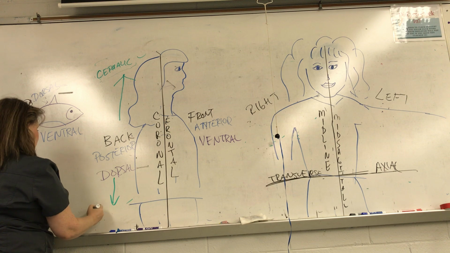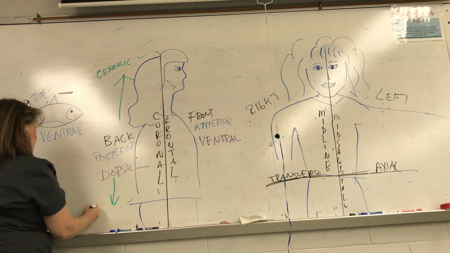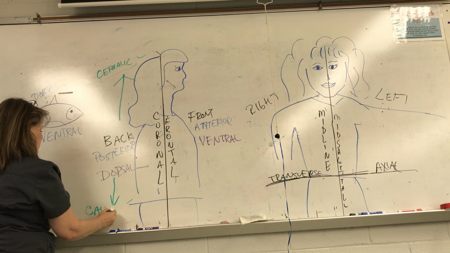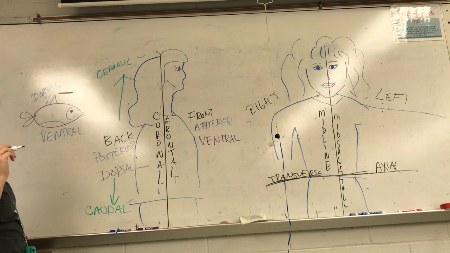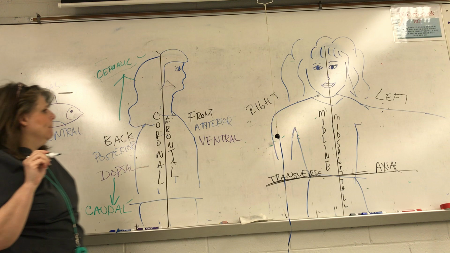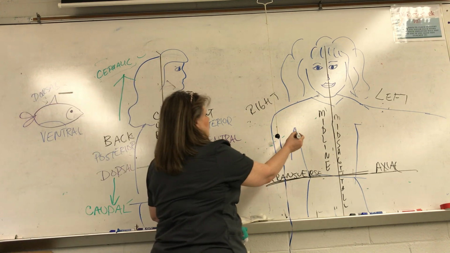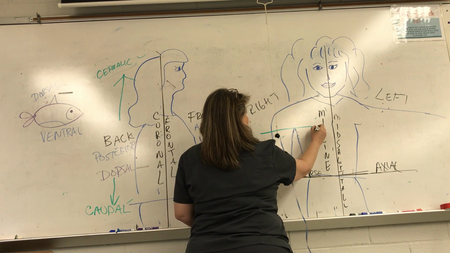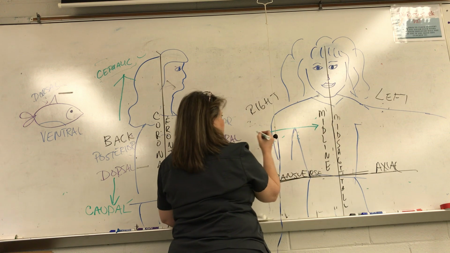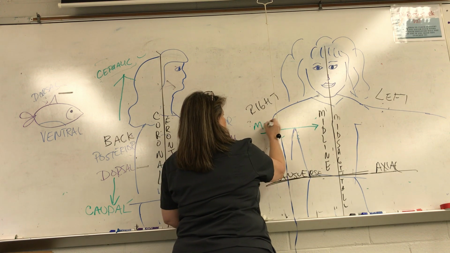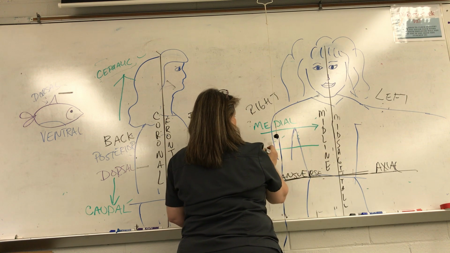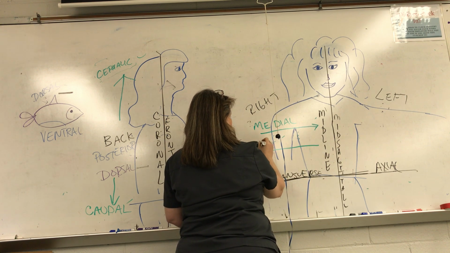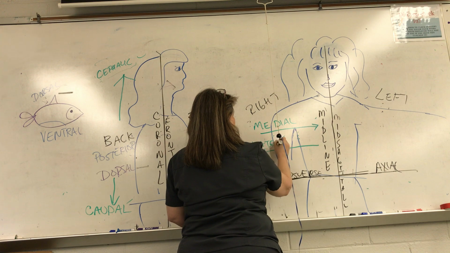Towards the foot, literally meaning tail. Caudal. Very good. All right. What is it when we go towards the midline? Medial, good. And what is it when we go away from the midline? Lateral, towards the side.